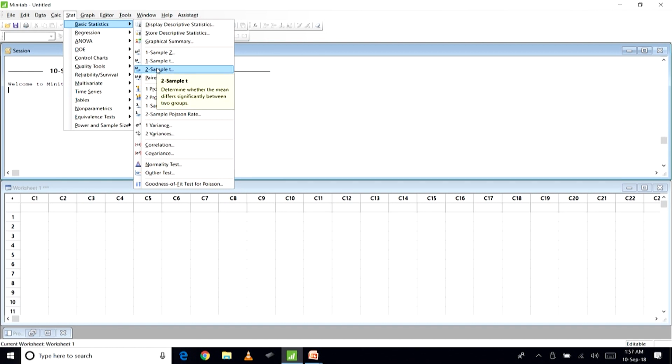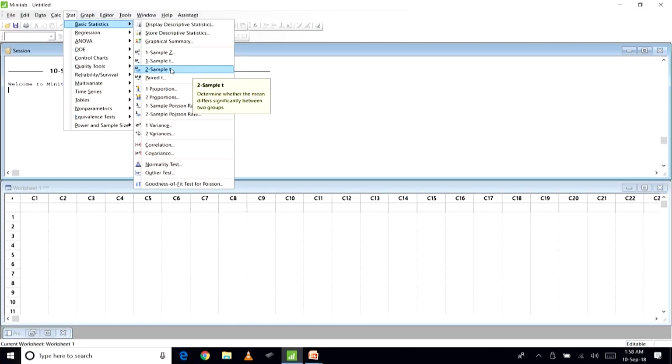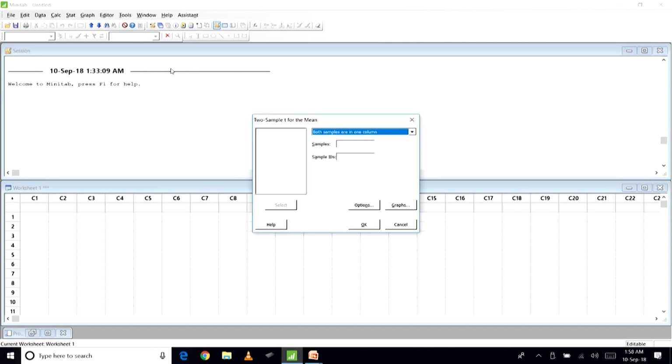In fact, there is something called two sample t test. In this particular software there is nothing like a two sample z test. In fact, it calculates the t test even for larger sample sizes. So, we will go for two sample t test, right.